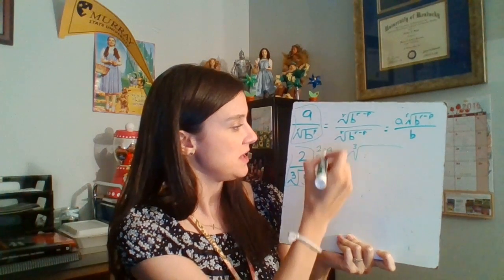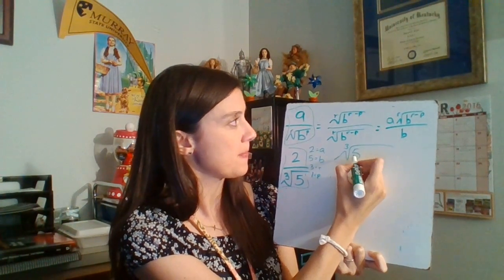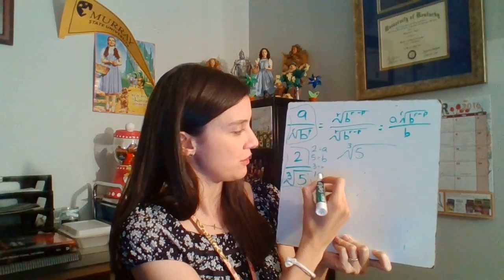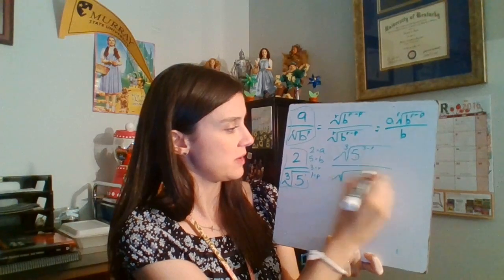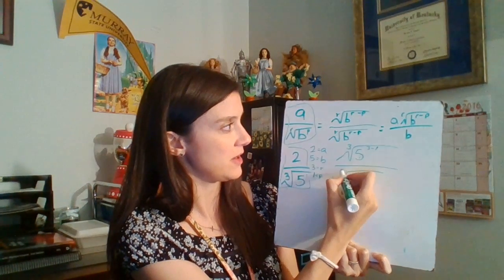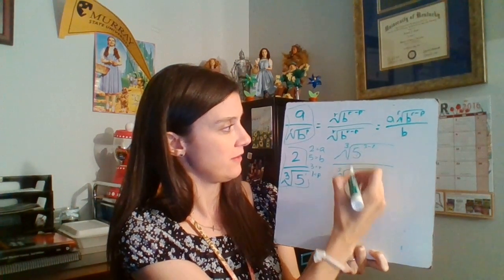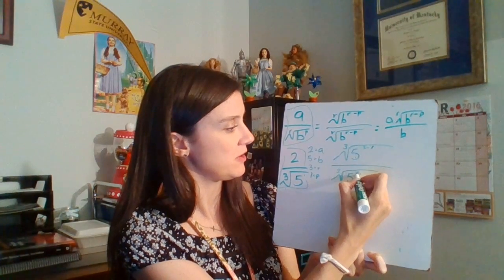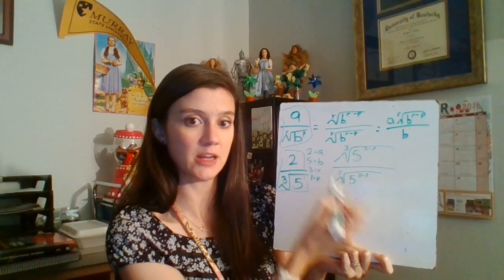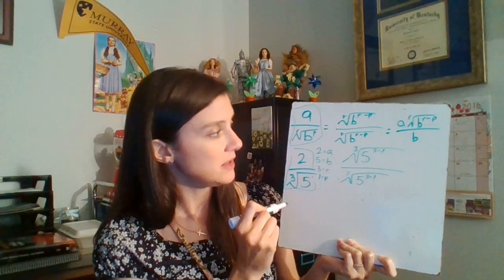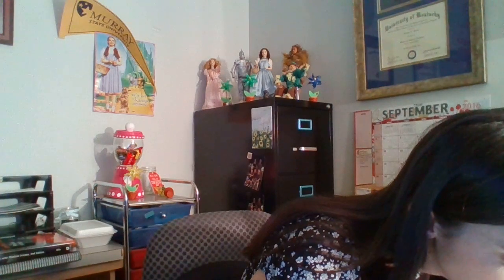And then the b is 5, r minus p, so 3 minus 1, over the square root, little r is 3, b is 5, r minus p, 3 minus 1. Okay, all I did was plug in my numbers where the letters needed to go, making sure this is right.